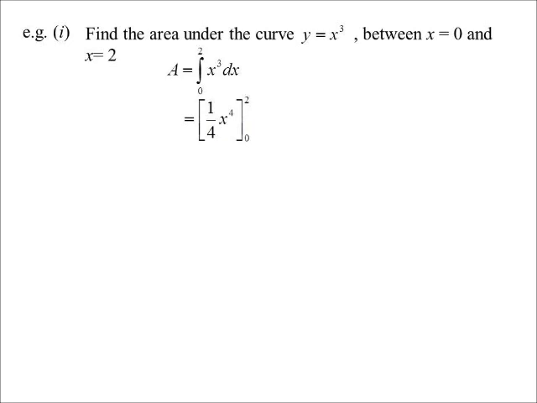You always substitute the top number in first. So it's 2 to the power of 4 minus 0 to the power of 4, a quarter of that, and there's that exact answer I said before of 4 units squared. So it's not an estimate, because remember we used that first principles form as that limit as h approaches 0. It's an exact answer of 4 units squared.